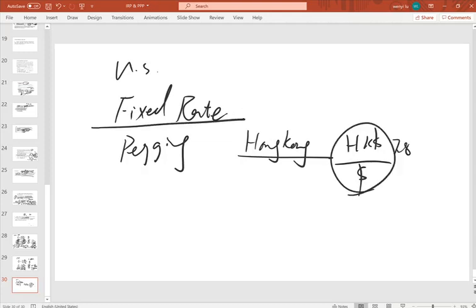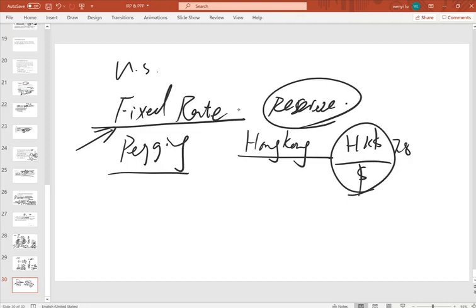And some countries also try to fix the rate by selling and buying their what? Reserves. So if their currency depreciates, they are most likely to sell the foreign reserve, trying to boost the price of their own currency.